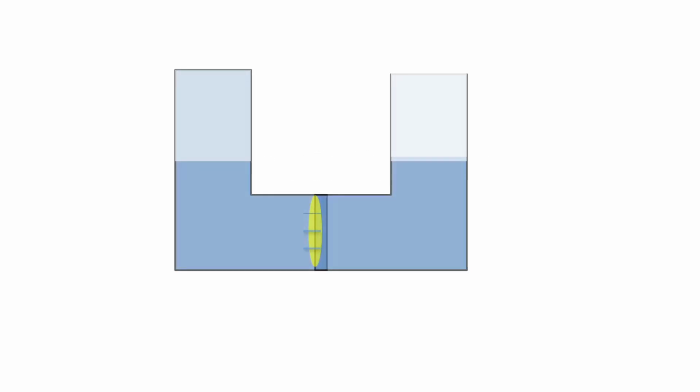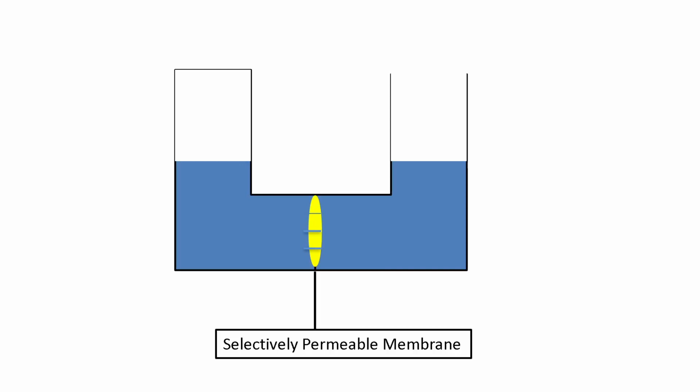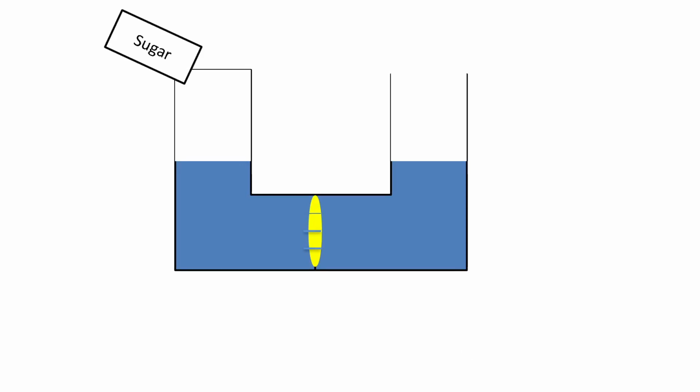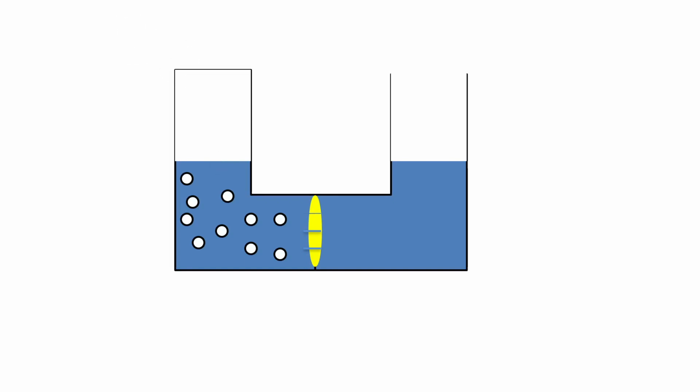Now, let us learn osmotic pressure. Here we have water separated by a selectively permeable membrane. Now we introduce some sugar on the left side. This will result in an increase of concentration on the left side and a decrease in water potential as compared to the right side.